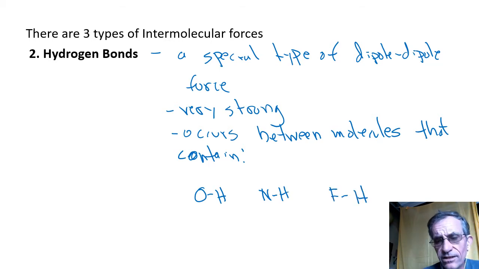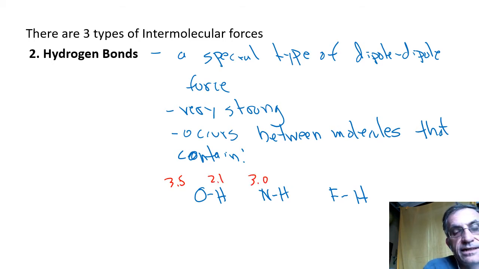All right, now if we look at those bonds, let me point out to you something about them. I really want to think about whether these are polar bonds or non-polar bonds. The way I would know that is I would look up the electronegativities. So let me go ahead and put them down for you. Oxygen is 3.5, hydrogen is 2.1, nitrogen is 3, hydrogen is 2.1, fluorine is 4, hydrogen is 2.1.